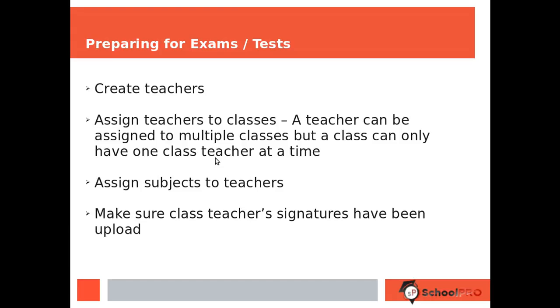This is very important, and you need to assign subjects to teachers, subject teachers for those who have special subject teachers. And we also need to make sure that all class teachers' signatures have been uploaded onto School Pro. So these are basically what we'll be looking at today.